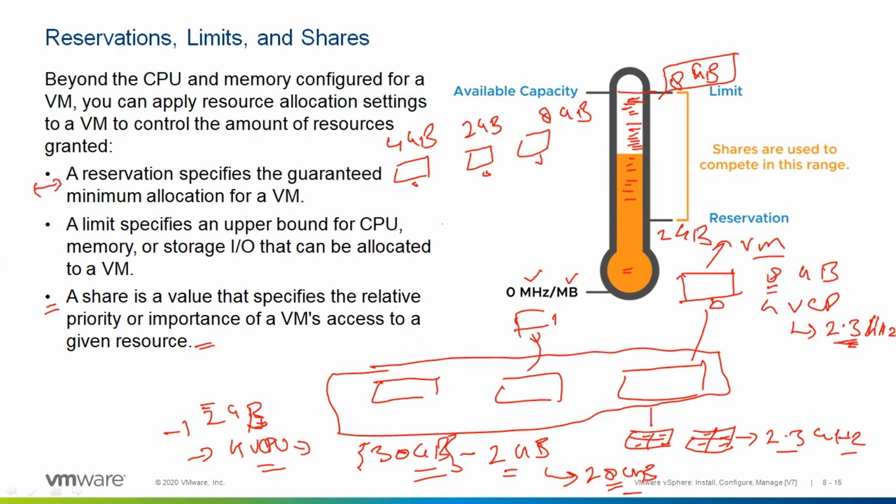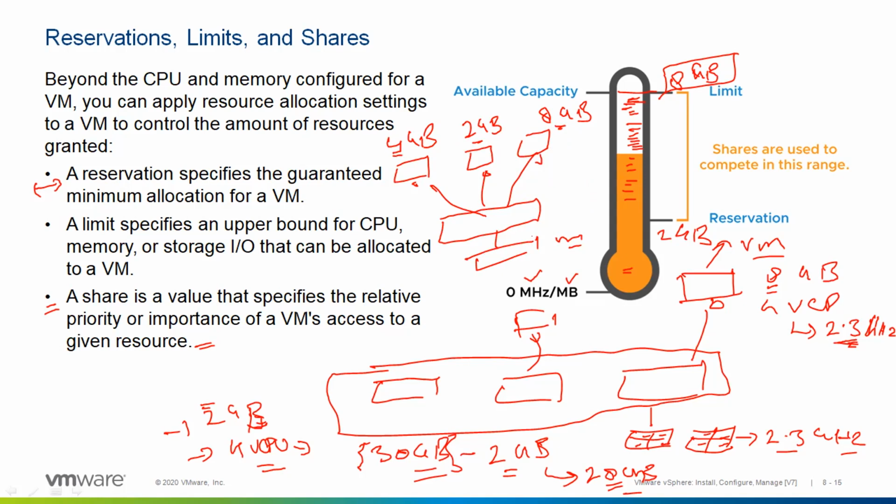Those resources are given from the underlying physical memory. Under this 8 GB, 2 GB, or 4 GB, the resource values have been assigned differently.